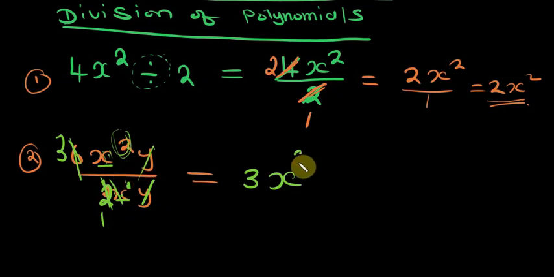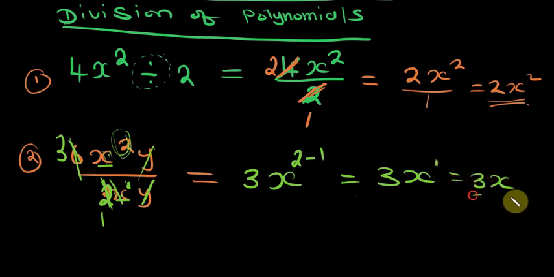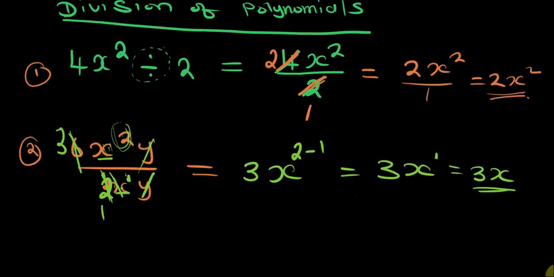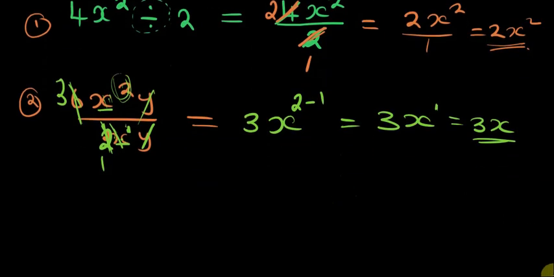So in this case, we'll have 2 minus 1. So 3x to the power 2 minus 1, what's the answer? 1. So 3x.